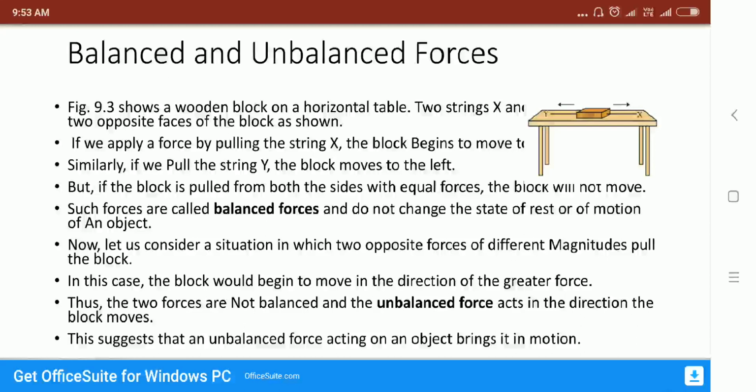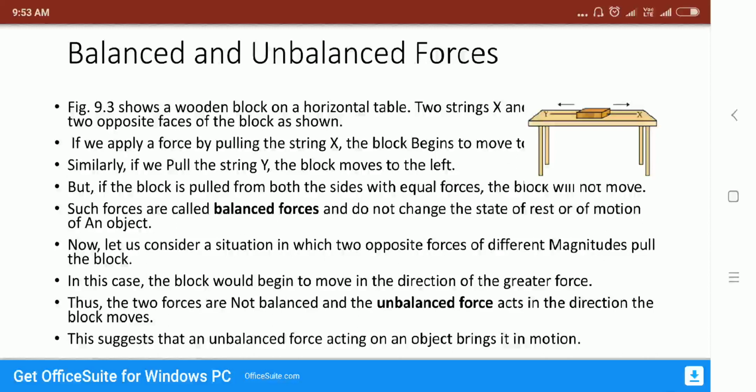One end is defined as X and the other end is defined as Y. Now, if we are pulling both strings in opposite directions with equal force, then the object won't move, obviously.